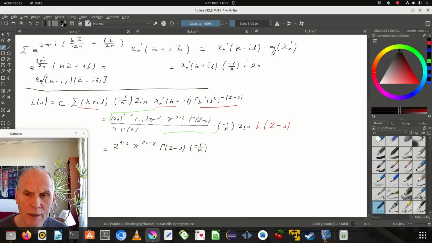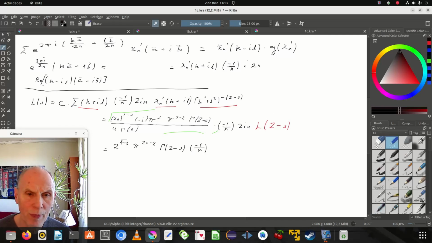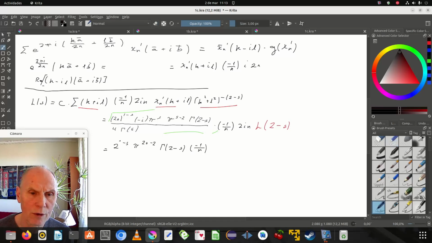And did I take this factor 2? No. So it's 2 minus s up here. Pi to 2s minus 2, gamma. This guy, and n, did we take that? Yes, we did. And divided by 4, that's minus 2 up here. So they cancel. That's 2 to minus s.